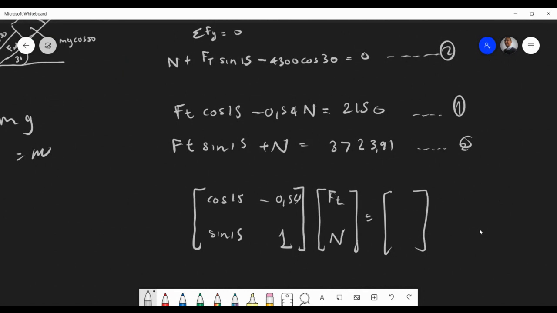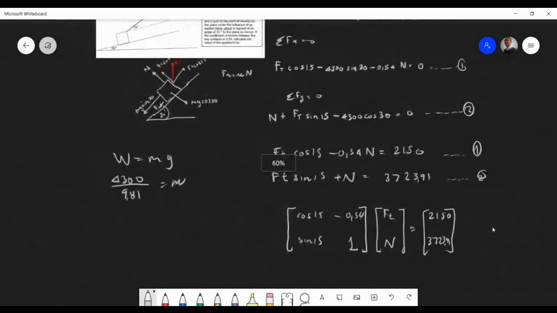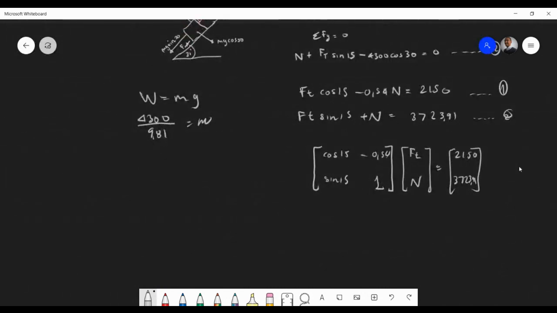This is going to be F_t, that's going to be n, and this is equal to 2,150.37 and 3,723.91. I'm hoping I did everything right here in terms of my forces. We can get what F_t is, and I'd like you to give me these answers, please. I don't want to work this out.